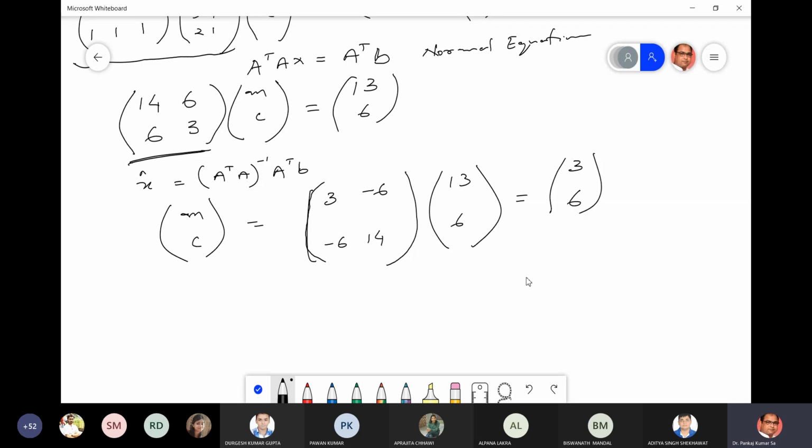This I can always write as 3 6, or if I take 3 common, this becomes 1 2, or if I take 6 out, that becomes half 1, or 1 2 also I can write.